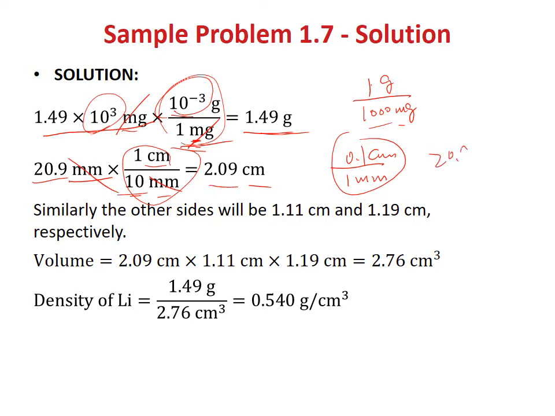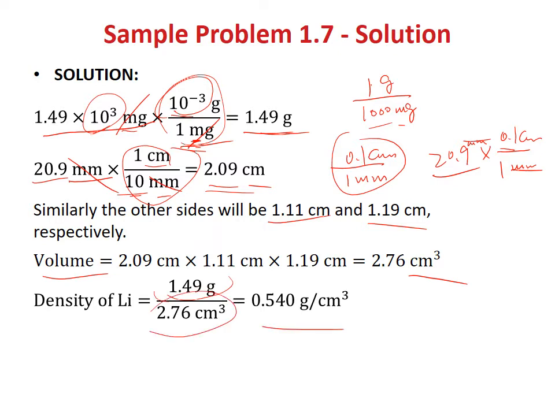Or you can write 1 millimeter is 0.1 centimeter, so millimeter cancel, and 20.9 times 0.1 gives you 2.09 centimeter. So that's one side. You can do the same for the other two sides, and then calculate the total volume in cubic centimeter. And finally, use mass in grams divided by volume in cubic centimeter, and that gives you the answer.